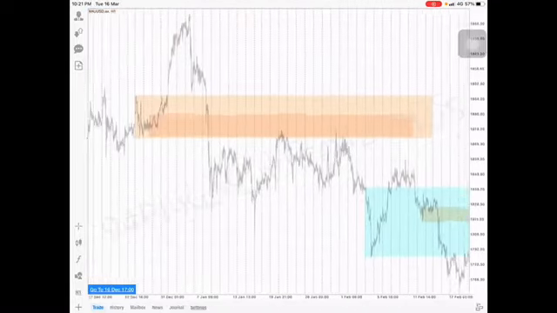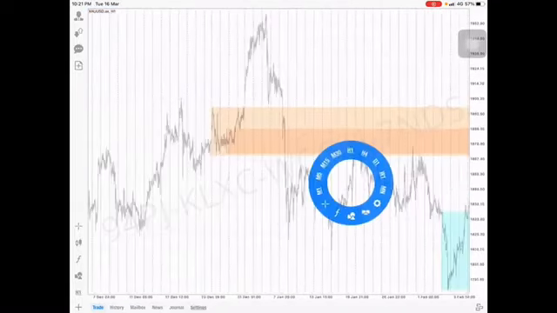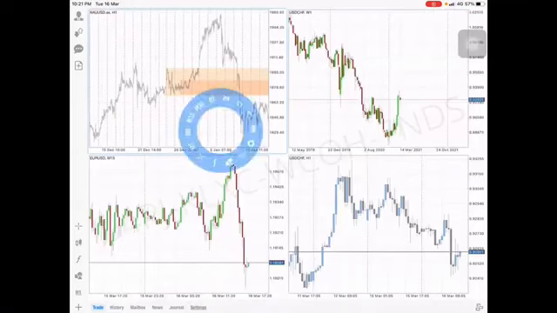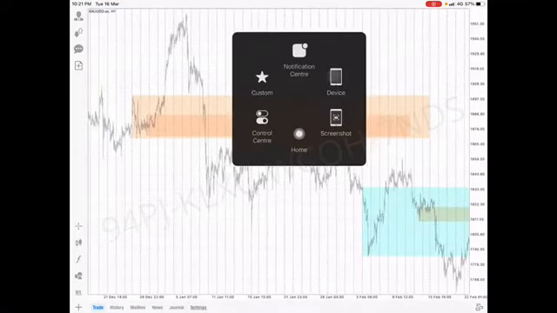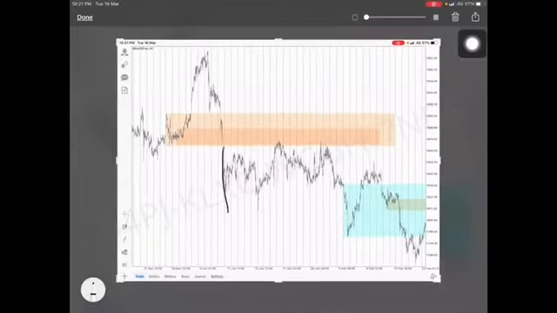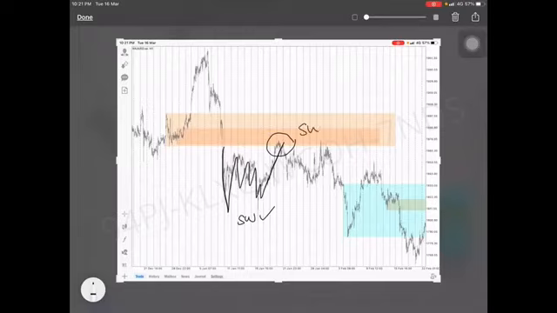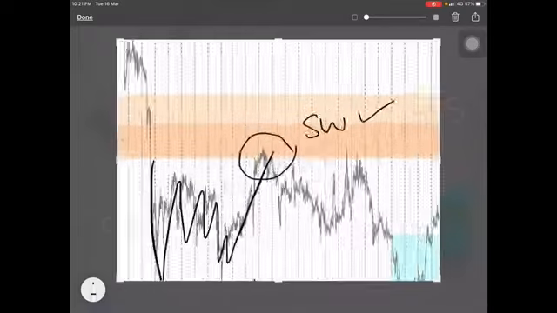Before that, is there a sideways pullback? Yes. Is there a sideways inside of the zone? Is this a sideways or not?